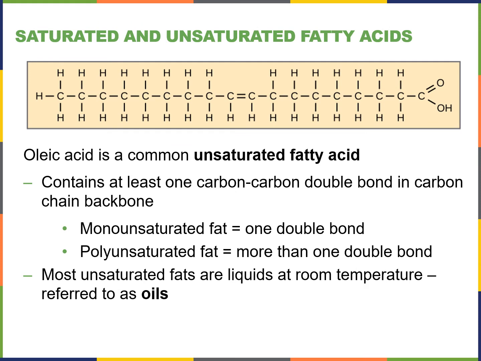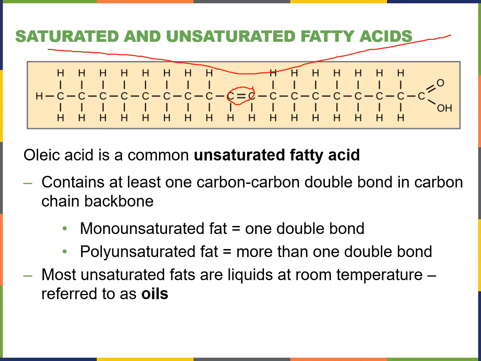Whereas unsaturated, right here, we have a carbon-carbon double bond. What that means is that instead of straight like the artist has drawn it here, it's going to be more like this. A slight bend, maybe depending upon what else is going on, it could be an even more severe bend.